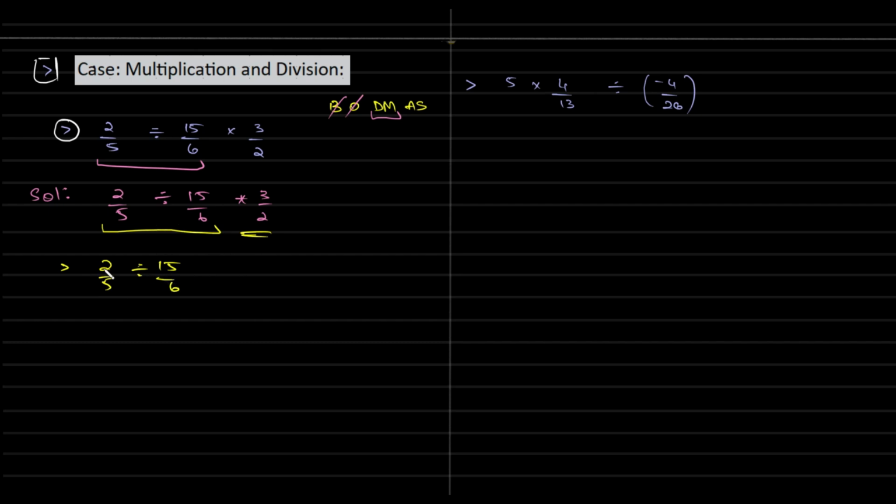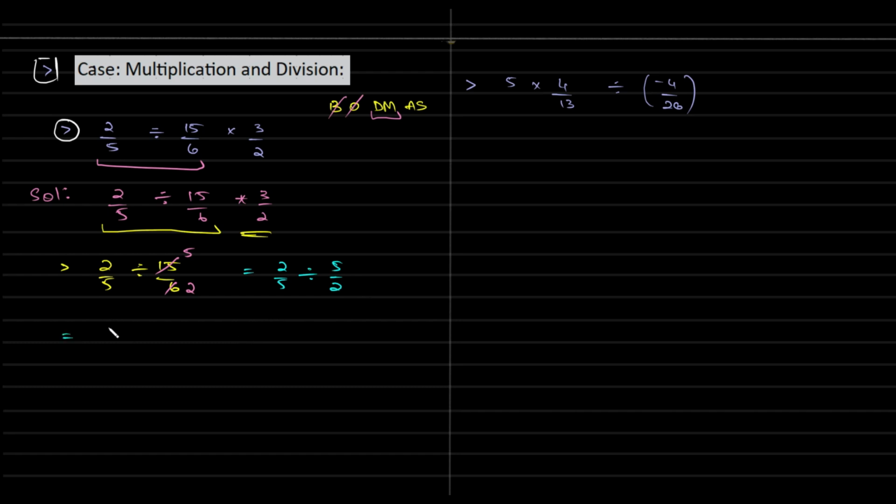Okay, we can consider this. Try to solve it. 2 and 5, nothing to cancel. 15 and 6, 3 is your HCF. So 15 divided by 3 is 5, 6 divided by 3 is 2, and we have 2 by 5 divided by 5 by 2, right?